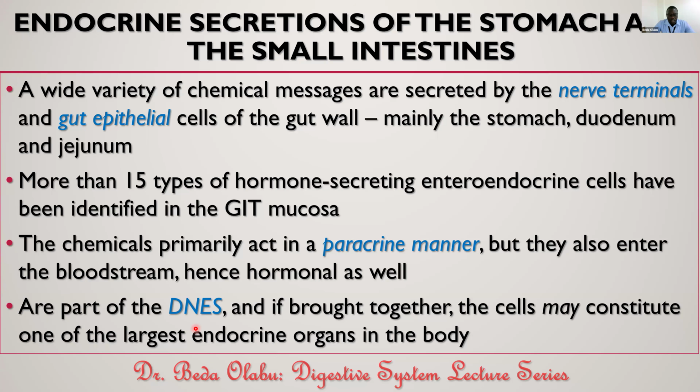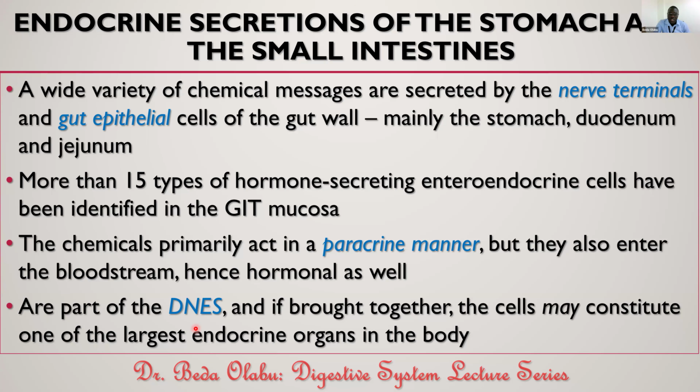Previously, it was known that these cells use amines as their precursors, and they cause decarboxylation of these amines. And so these cells were known to fall in what we call the amine precursor uptake and decarboxylation system, abbreviated as the APUD system.